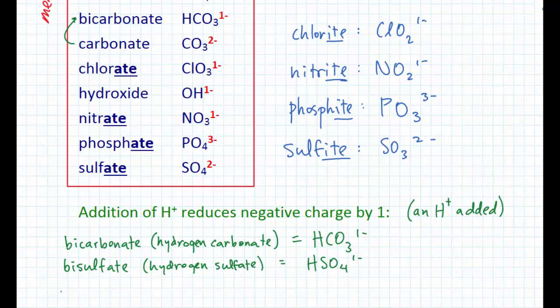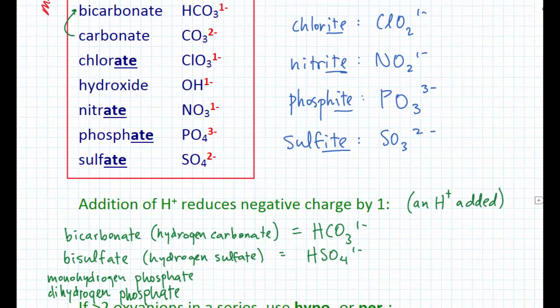We could add 2 H's and also get another charge. A lot of times those are called monohydrogen phosphate and dihydrogen phosphate. So monohydrogen phosphate, HPO4.